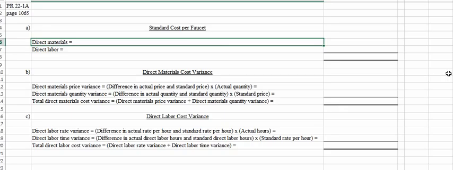If you don't update your standards really often, then you can compare actual to standards and not get valid information. Meaning the standard price for our raw materials could change really often. And if we don't update that standard price, our purchasing department might be doing really well getting quality materials for us at the lowest possible price, and we think they're paying a price that's way too high because we didn't update our standard like we should have.